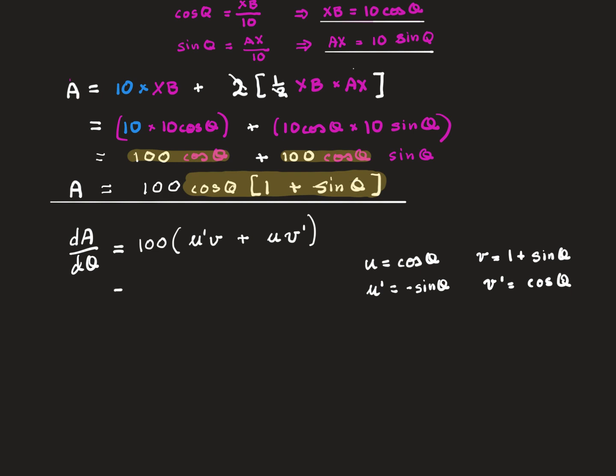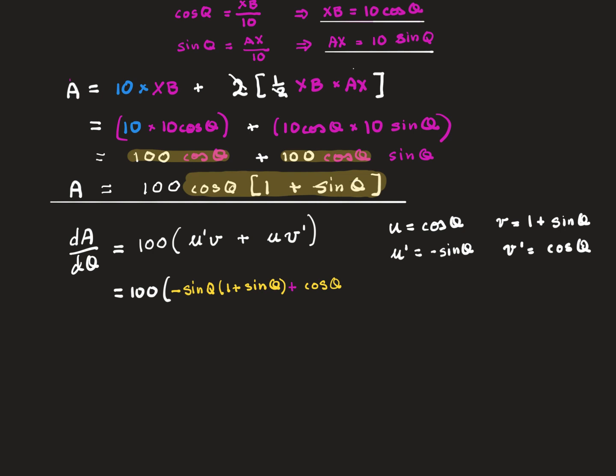I'll put this all together, 100, and in here times cos theta. This can be simplified so that it's 100. None of this is really very helpful because we've got a sine theta here, sine theta, and a cos squared theta, and we want to make that whole dA d theta be equal to 0.